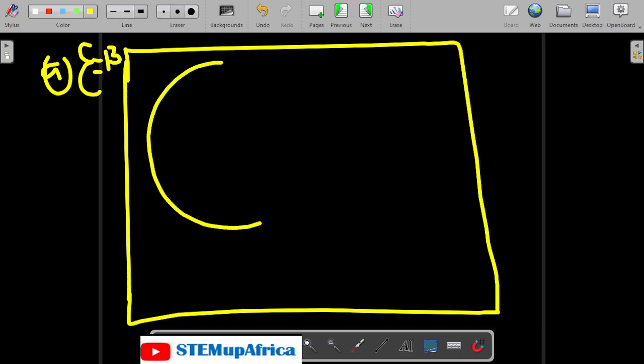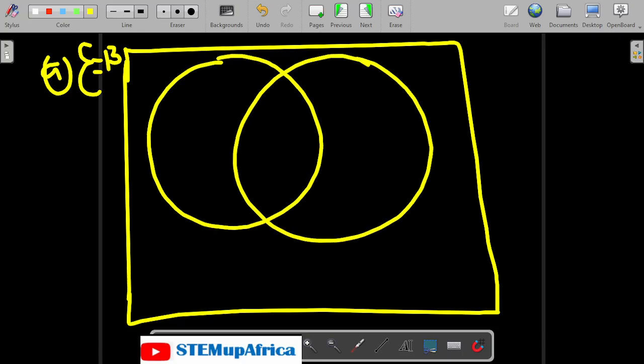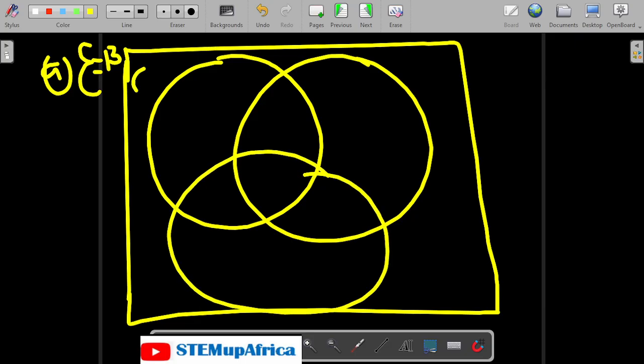So we have government, geography, and history. This is government: the number that teaches government is 8. This is geography: 7. This is history: 7. So let's start with the number that teaches all the subjects, which is here.